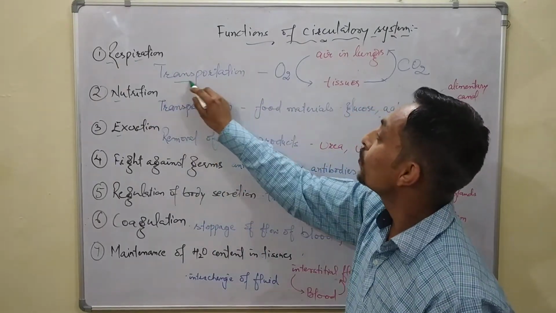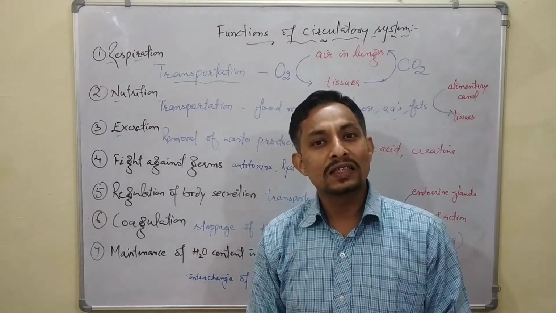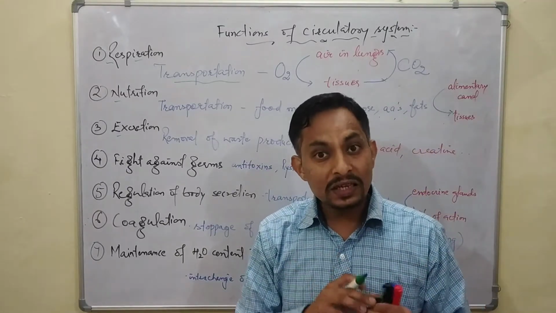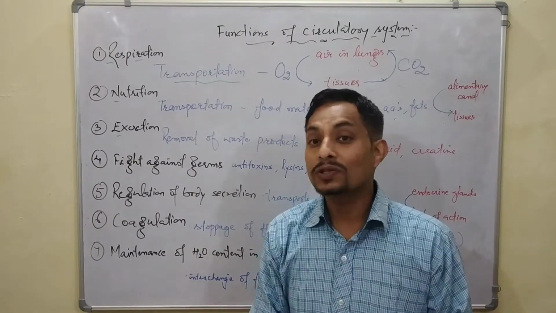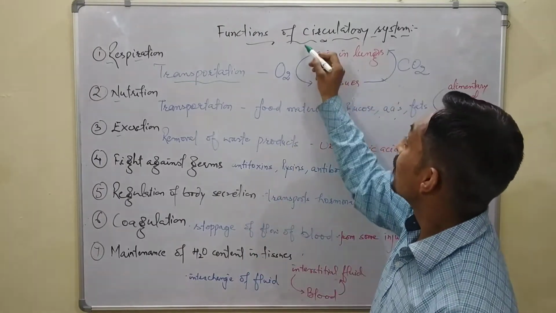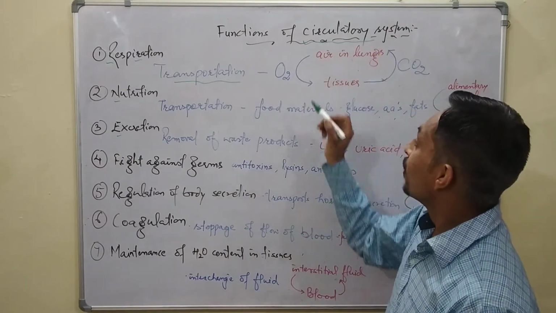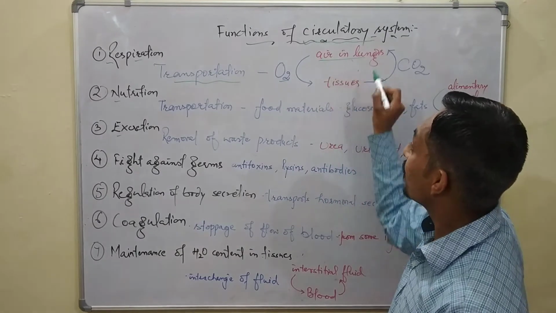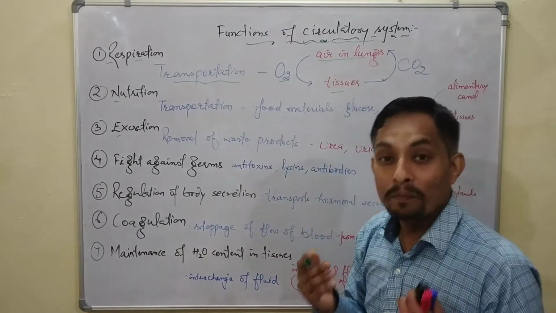See, the transportation of the oxygen. The transportation of the gases that happens inside our body in the respiration process is basically with the help of the circulatory system. How so? Oxygen from the air in the lungs to the tissues is being transported by the blood itself.